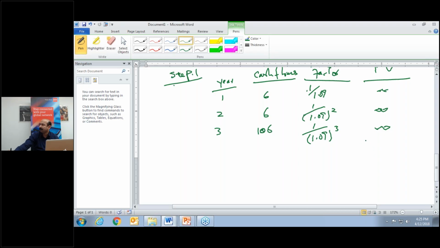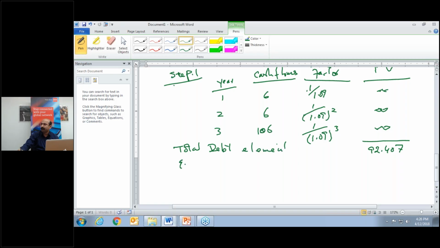The total value will become 92.407. You can check it. So this is basically the total debt element.